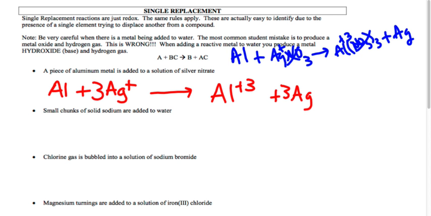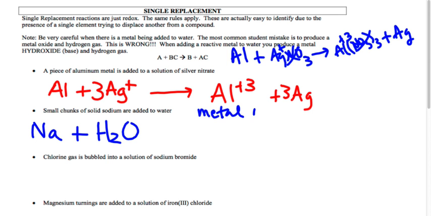So we're going to do a lot of problems like that, but first I want to introduce you to this. This problem is a metal plus water. This, from here on out, is going to be known as a push-up problem. If you don't believe me, you can ask organic students.